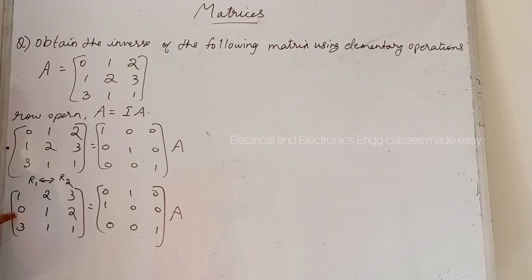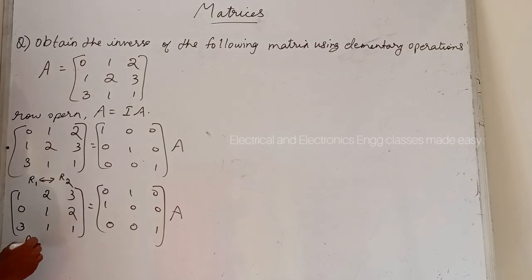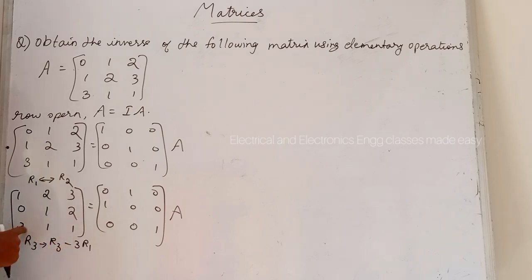Next task is to make this element and this element 0. This element is 0 here. Now we have to make the third row's first element 0. For that we can write R3 implies R3 minus 3R1, that is, multiply the first row by 3 and subtract. We will get this as 0. These two rows are not changed: 1, 2, 3, 0, 1, 2.